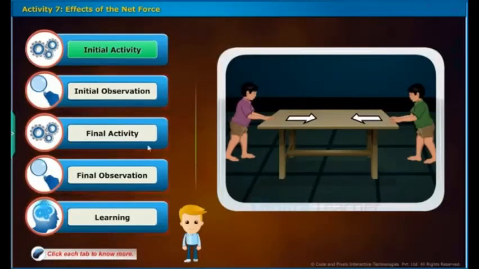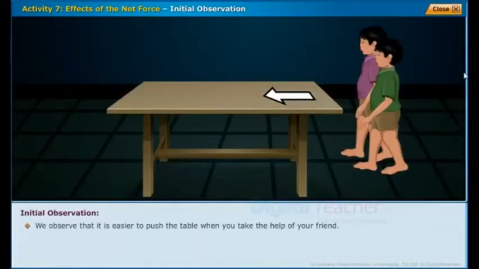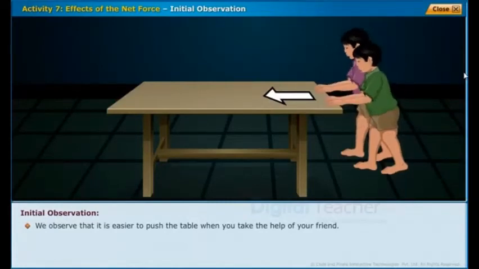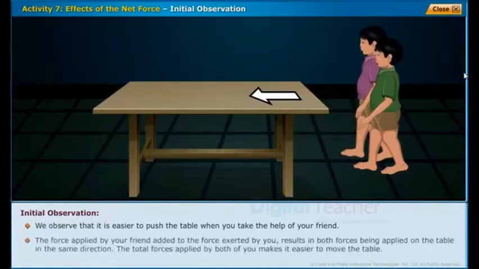We observe that it is easier to push the table when you take the help of your friend. The force applied by your friend added to the force exerted by you results in both forces being applied on the table in the same direction. The total force applied by both of you makes it easier to move the table.